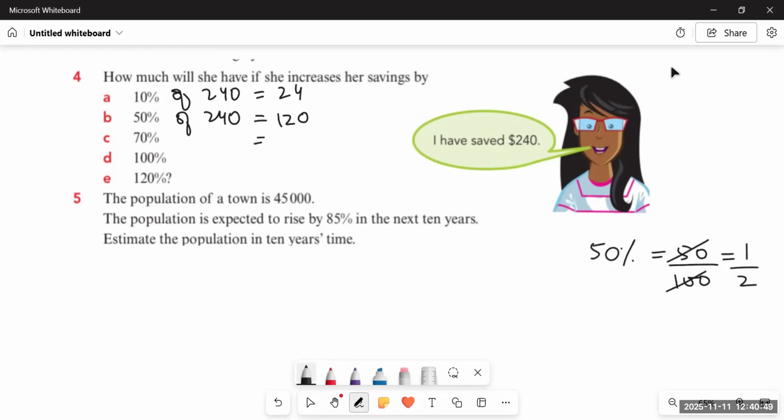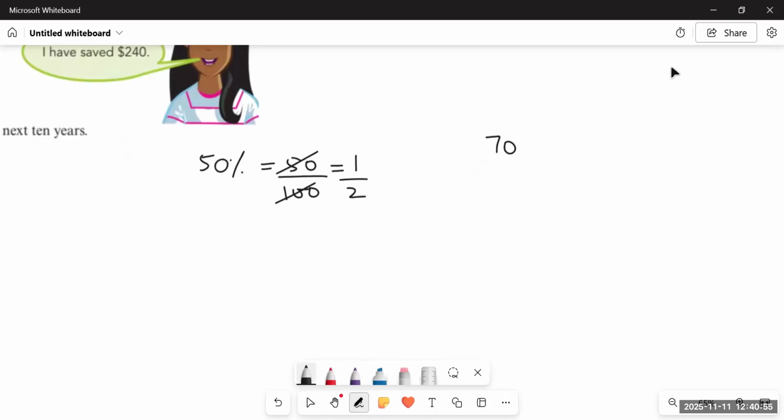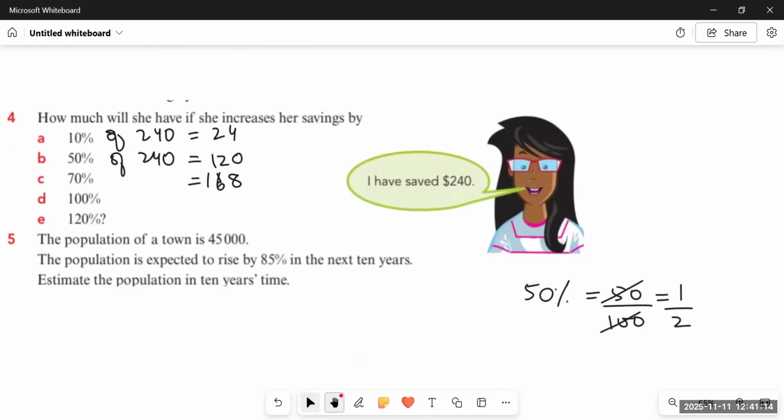Or we can check it as well, by doing the calculation as 70% multiplied by 240. 0 cuts 0, 0 cuts 0. Then what are we left with? We are left with 7 multiplied by 24, and you can multiply these two to check that the answer is 168. It means we have got the correct answer.